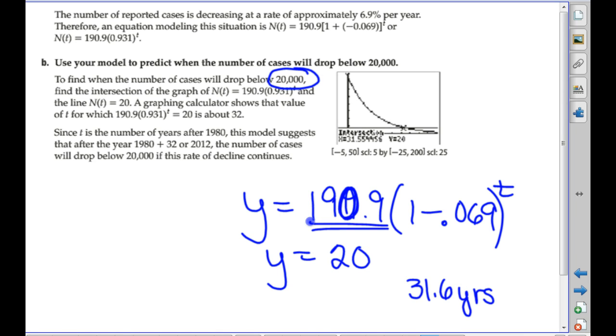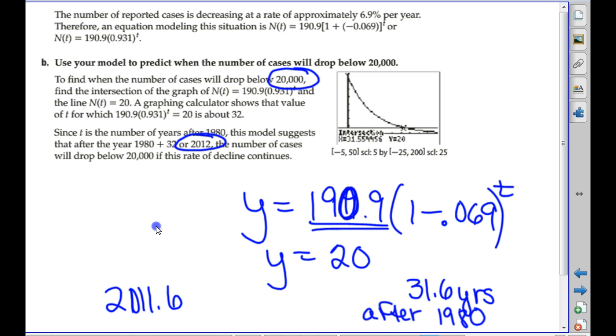Well, I used this number, and that was what year? 1980? So can somebody add 31.6 and 1980? Okay, so 2011.6, or sometime during 2011 going into 2012, it should have dropped to 20,000 cases.